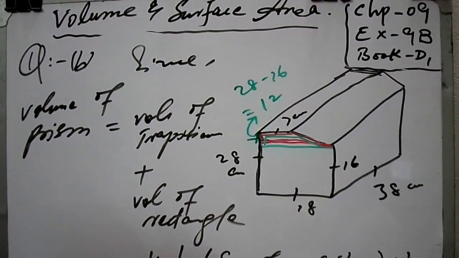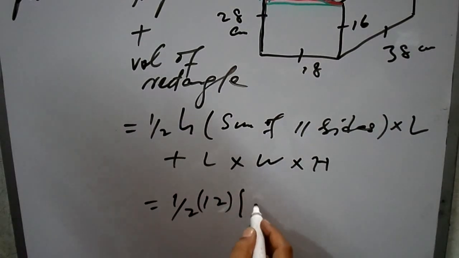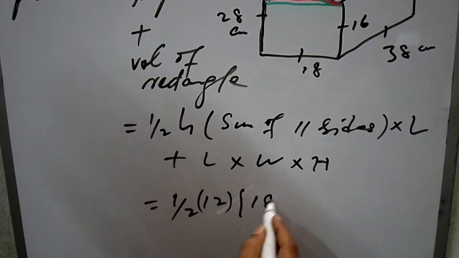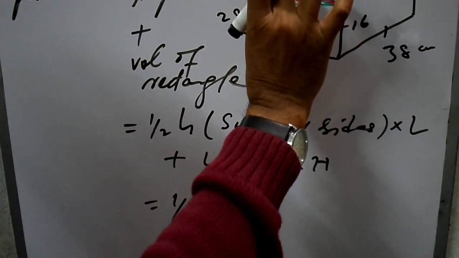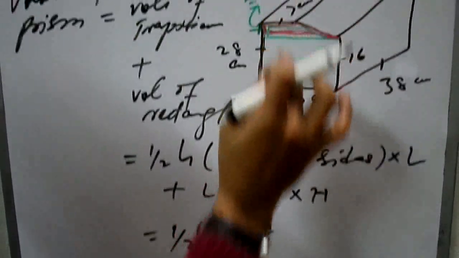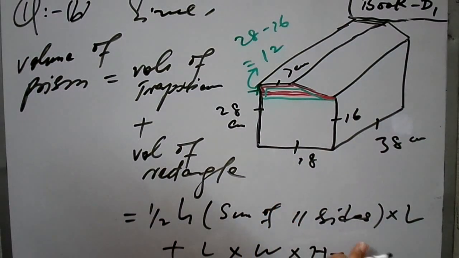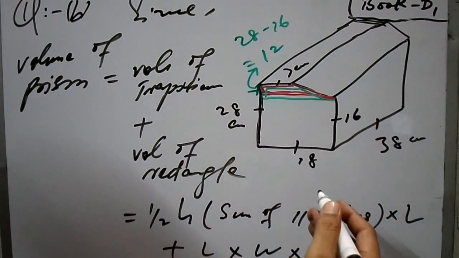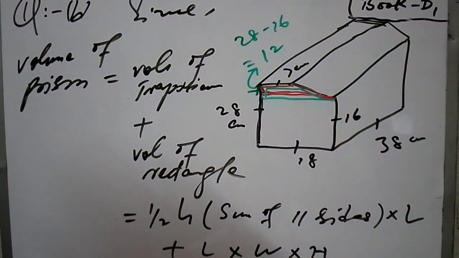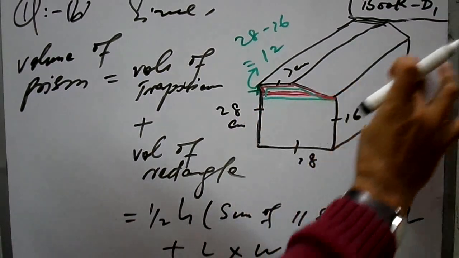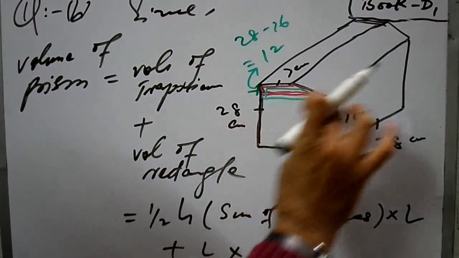So the height is 12 and the sum of parallel sides is 18 plus 7, so sum of parallel sides into length, and length is your 38. Then plus length, width, height, the remaining is your whole rectangle.